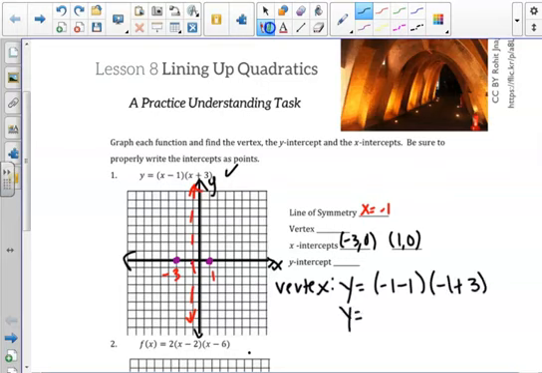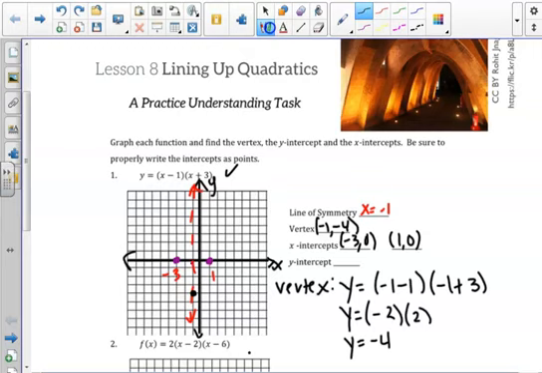When I simplify that, I'll get -1 minus 1, -2. -1 plus 3 is 2. Therefore, my y value would be -4. So I now know that my vertex, my apologies, is (-1, -4). So we can plot that. Let's go to -1, -4, 1, 2, 3, and 4, and my vertex should be right there.